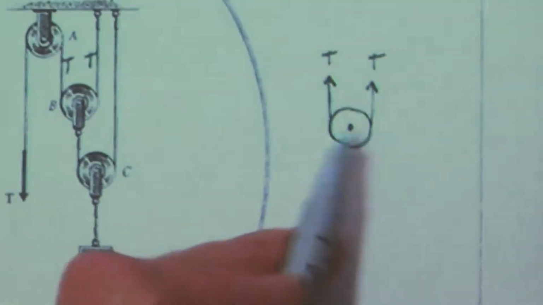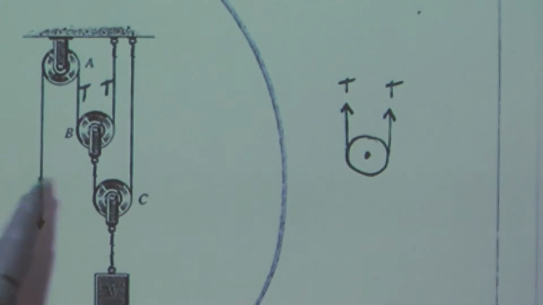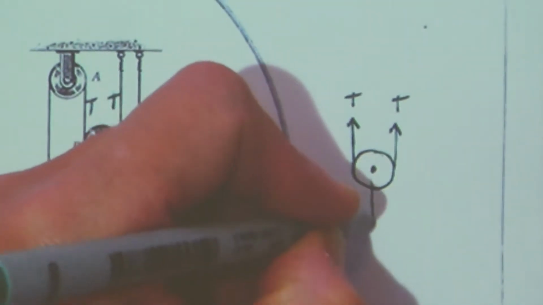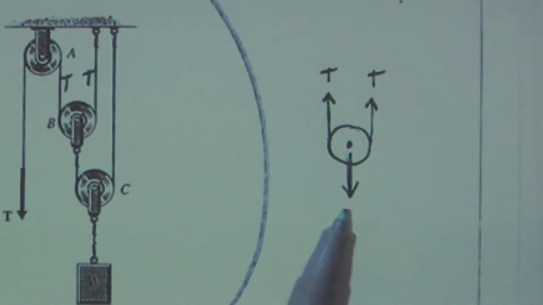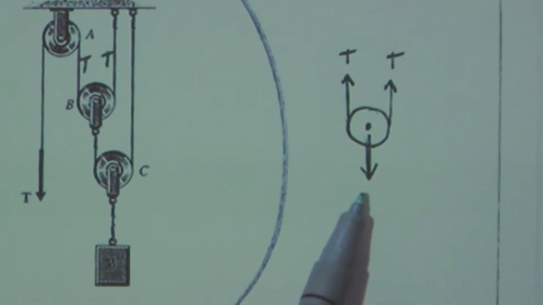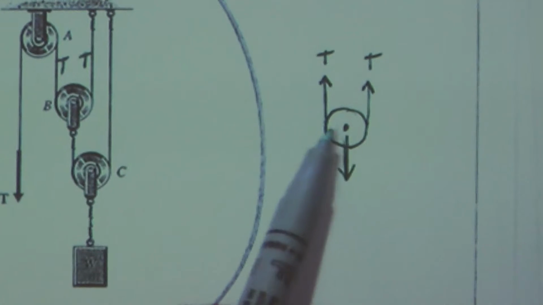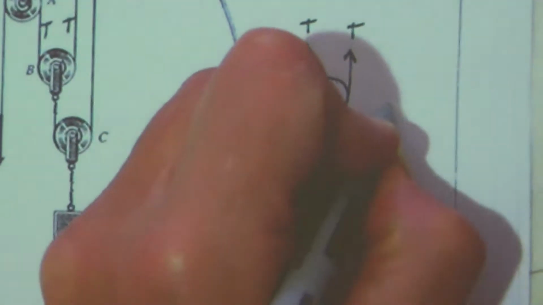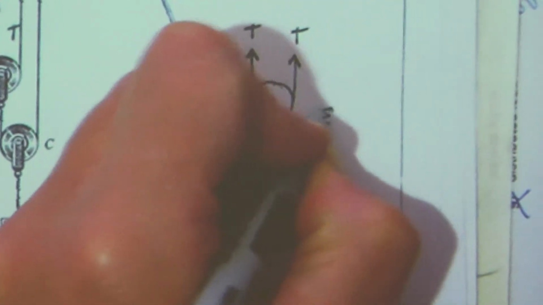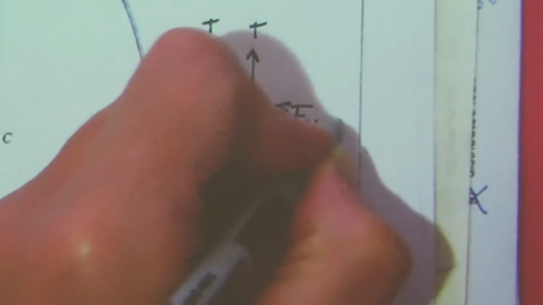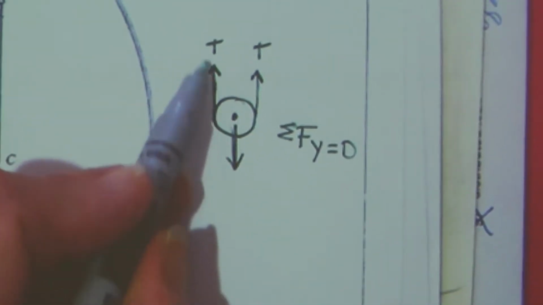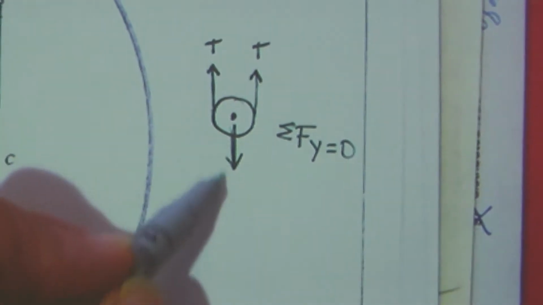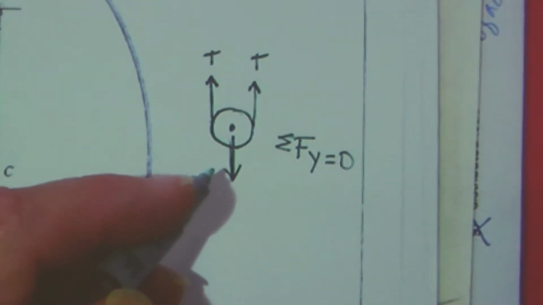Alright, so I have 2 tensions going up, and then there's a cable going down, right? Matt, what do you think the value of that cable is? Okay, well, think of the sum of the forces in the y equals 0. In order for this pulley to be in static equilibrium, if there's two T's pulling up, what needs to be pulled down? 2T.